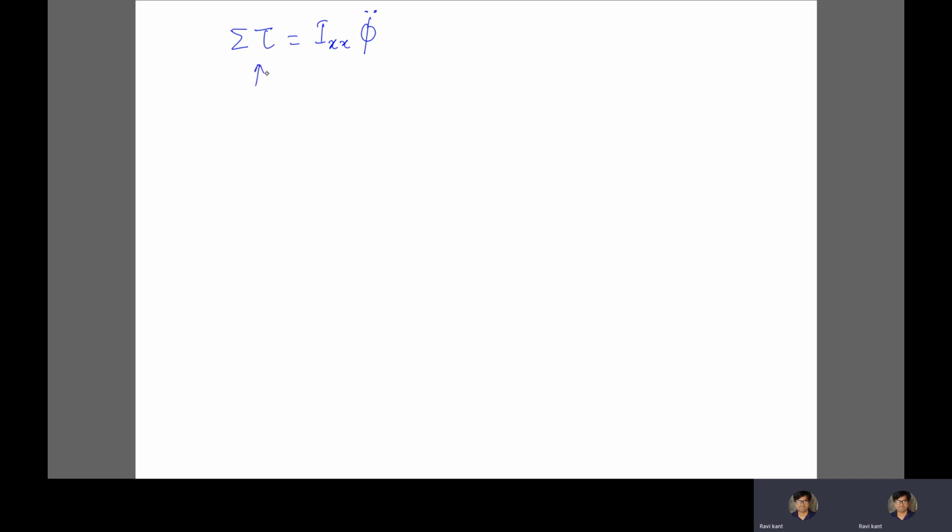We have only the torque u2, which is equal to Ixx times phi double dot. So I can write phi double dot as u2 by Ixx. This is my third equation.